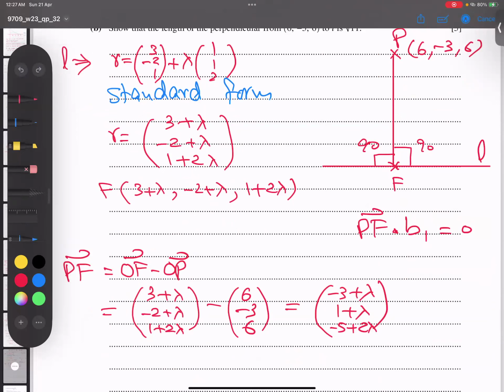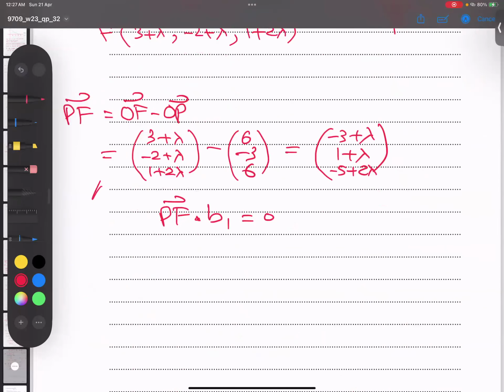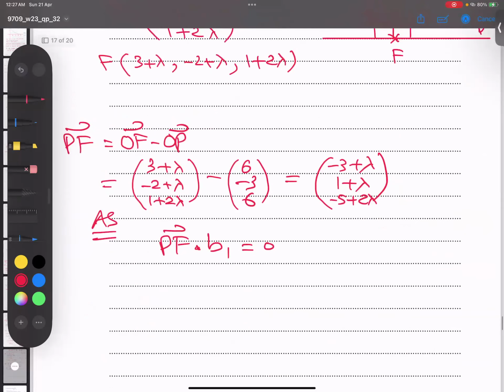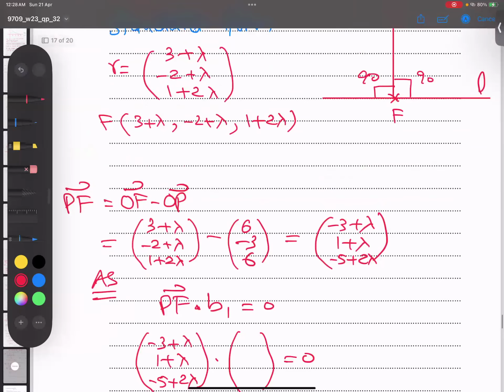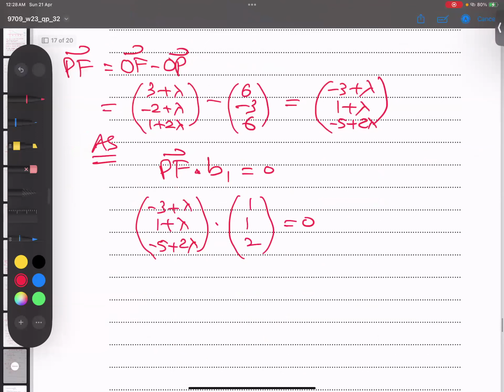So now I'm bringing this whole concept here. Now this is the dot product with the direction of the line, and I believe you will understand in the next few moments. The direction of the line is 1, 1, 2, and for the dot product you just multiply corresponding values and add them.